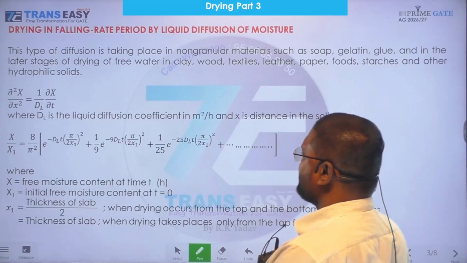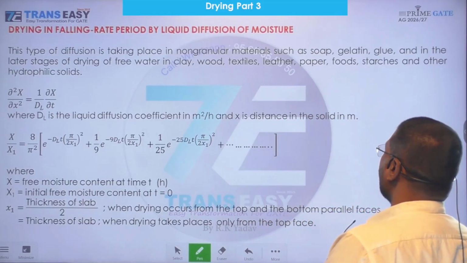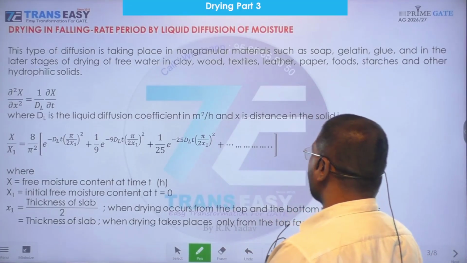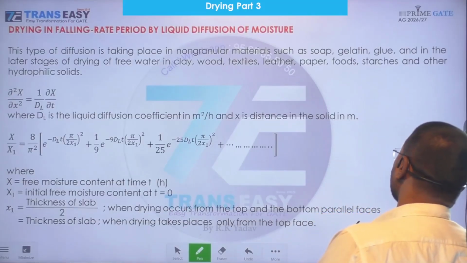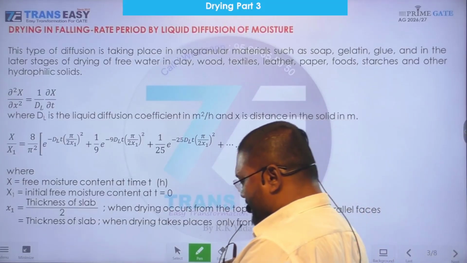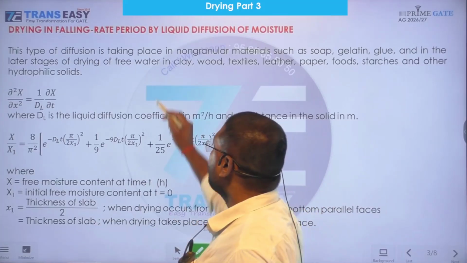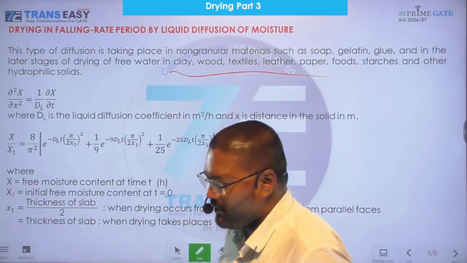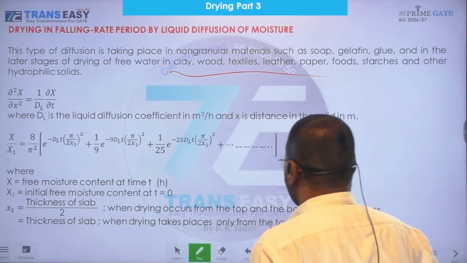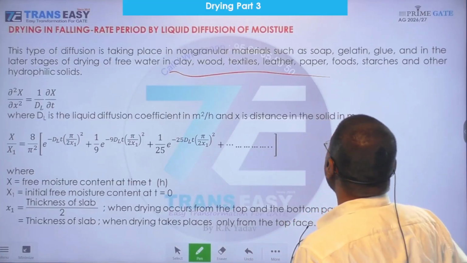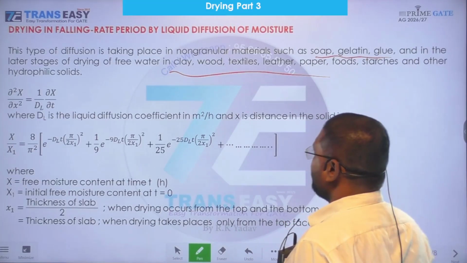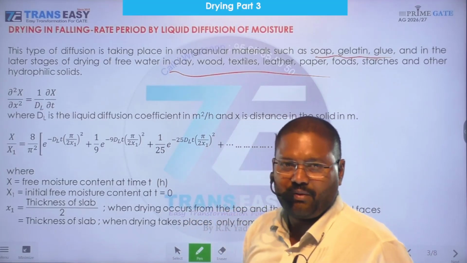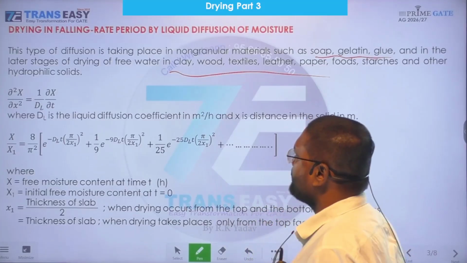This type of diffusion is taking place in non-granular materials such as soap, gelatin, glue, and in the later stages of drying of free water in clay, wood, textiles, leather, paper, foods, starches, and other hydrophilic solids. In the later stages of drying of these materials, and from the start to attainment of a particular moisture content in such material, liquid diffusion theory is applied. Right?